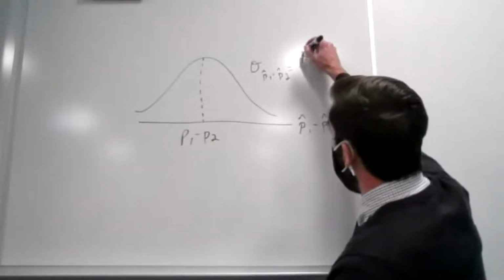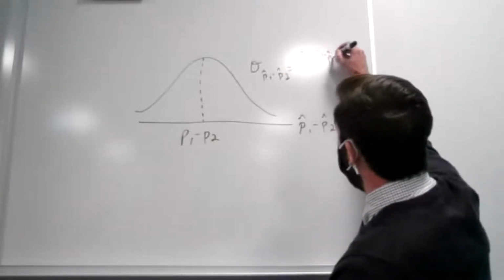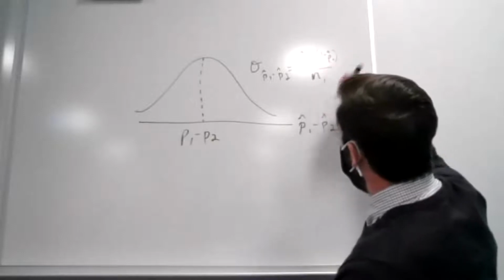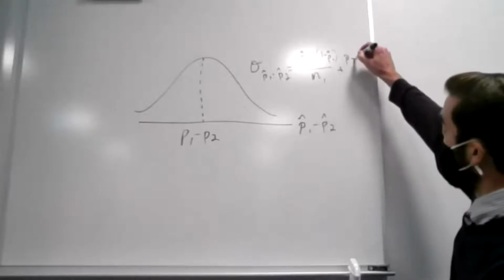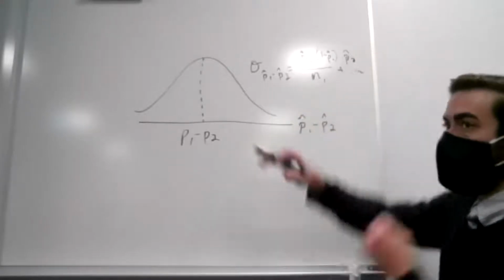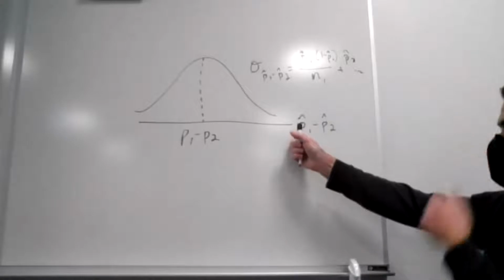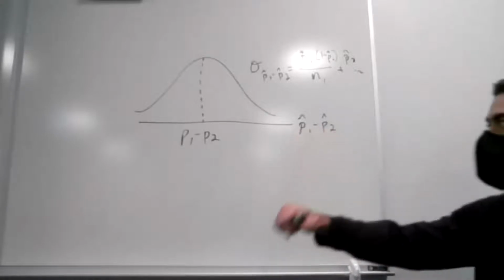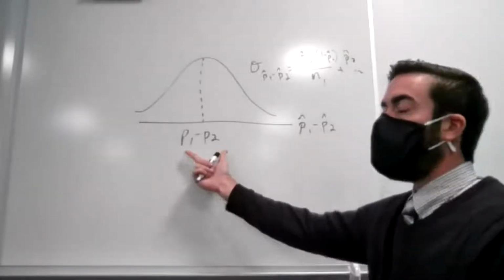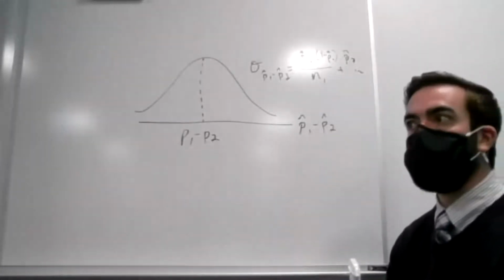Well, we would just take the variance of each group. Right, we're going to run out of room here, but we would do this for the second group as well. It's on the slides here. And now we would have the standard deviation of our distribution for the statistic we're interested in, which is now the difference in these sample proportions. And we now know the mean of this distribution for the statistic we're interested in as well.